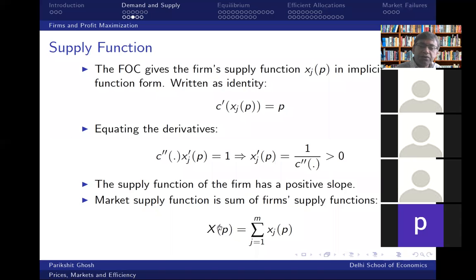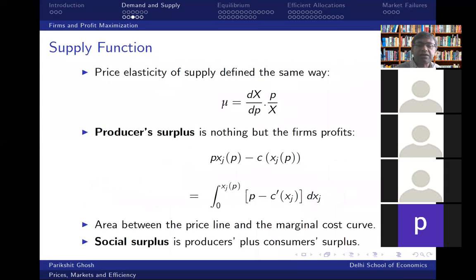Okay, so this is the aggregate supply curve, capital X, right? It's a sum of the individual supply curves of the M different firms. And since each firm has a positively sloped supply curve, the market as a whole will have a positively sloped supply curve. Okay, and just as with the consumer, we developed a notion of elasticity, right?